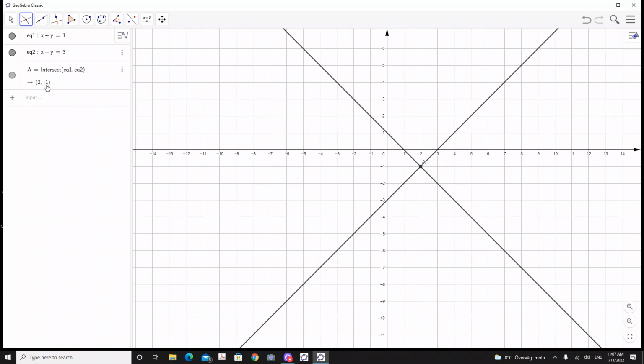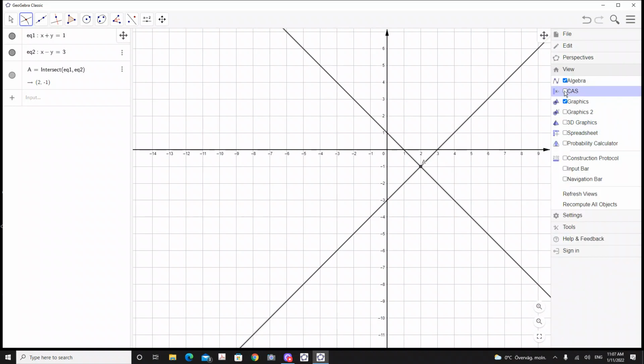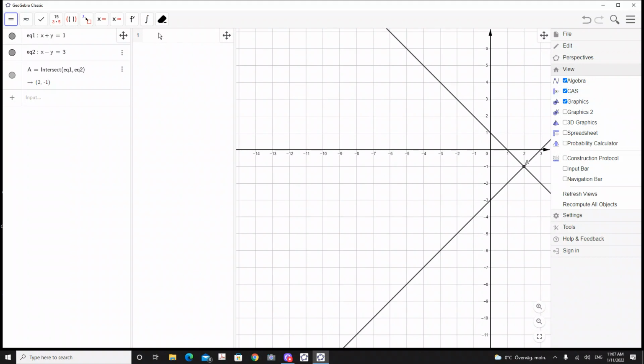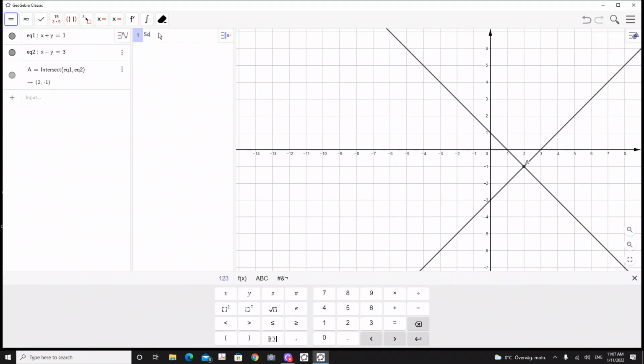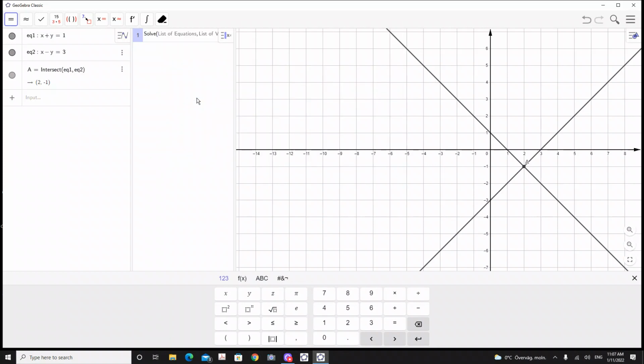But I think you can also go to the CAS view in GeoGebra, which is also good to learn. In CAS view you can start using Solve, and you see there is Solve with a list of equations and a list of variables. In GeoGebra a list starts with curly brackets.